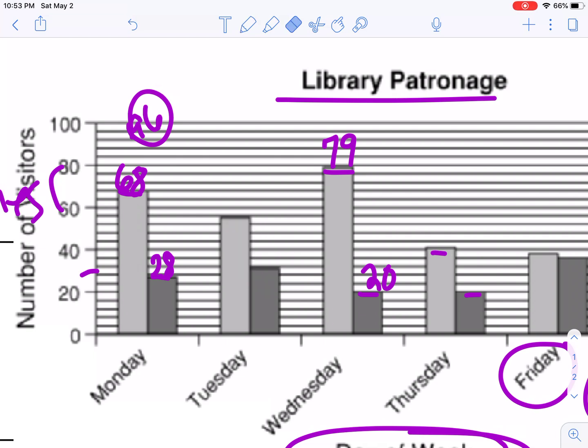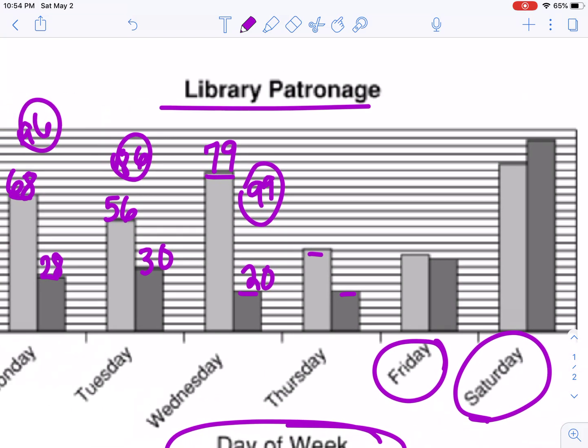Let's look here. We have about 56 here, and Tuesday, we're looking right around 30. So 56 plus 30 would be 86. We already said these two numbers would be 79 and 20, which gives us about 99.